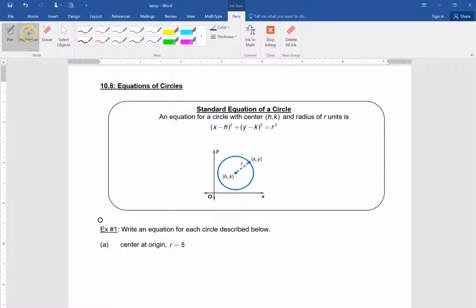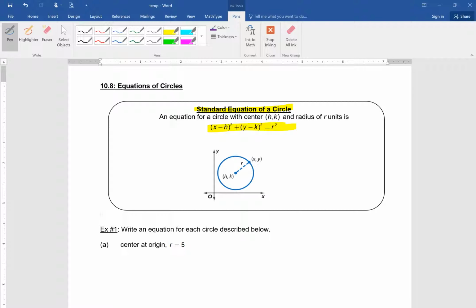The standard form of the equation of a circle is this. Okay? Now, what does all this mean? Well, you know that if you want to graph anything, first of all, you need your variables x and y. So those are my variables x and y.